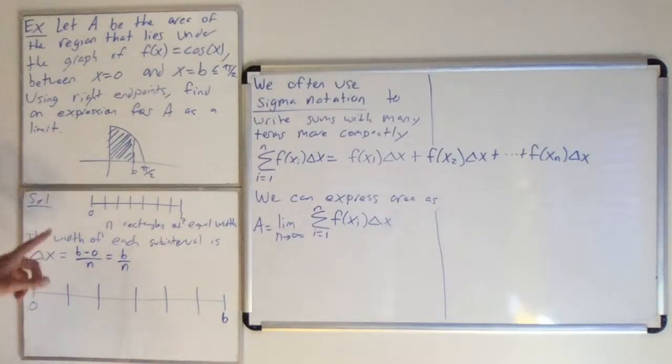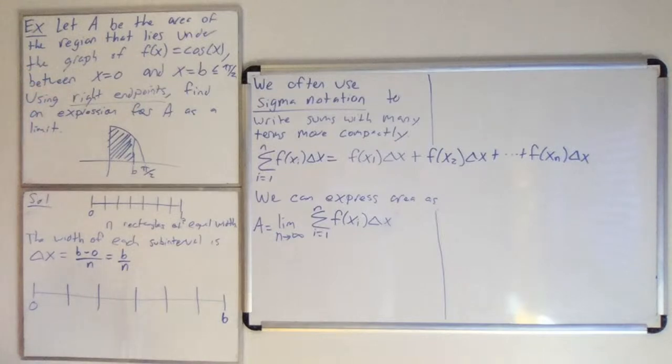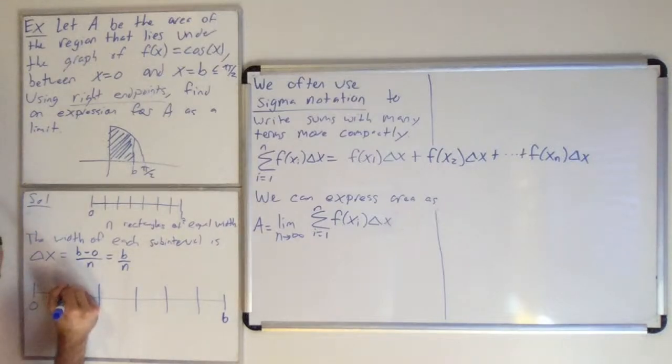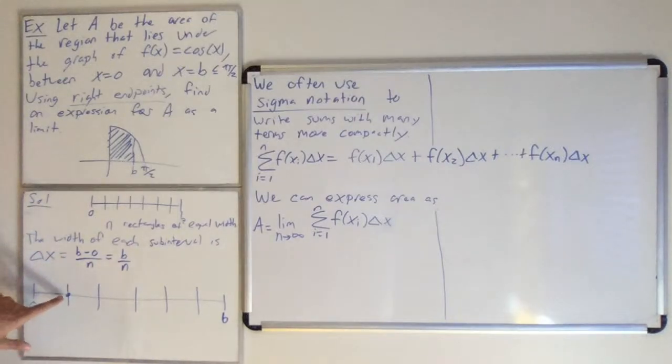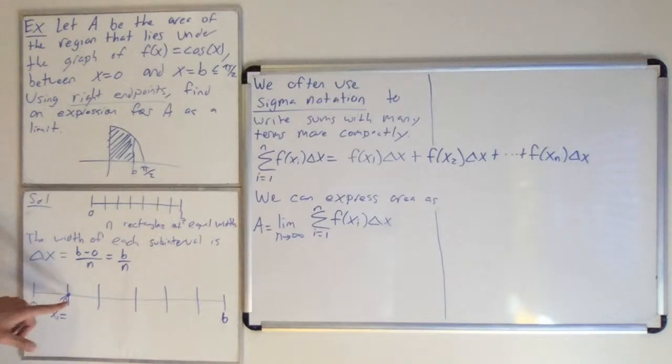And what we want to do now, we're using right endpoints. So we need a nice and concise way of expressing the endpoints. So each of these has width b over n. My question for you is, what is the value here?